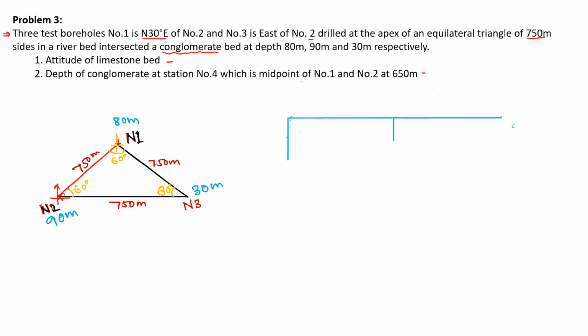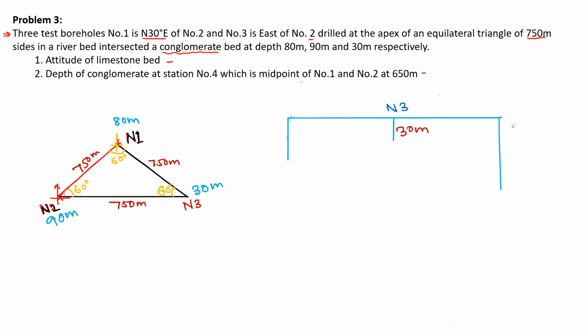The least depth is our 30 meters, so I'll plot 30 meter. Least is 30 meter, and the value for that is N3.